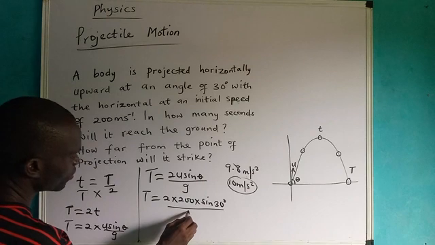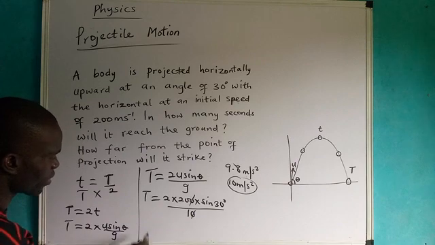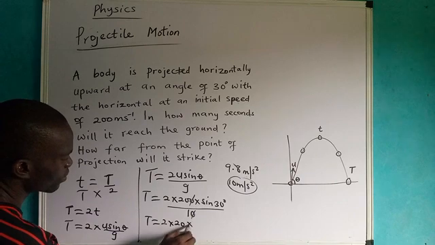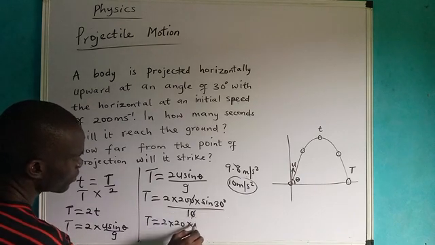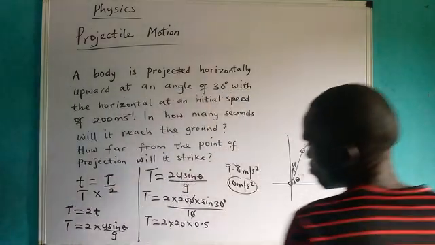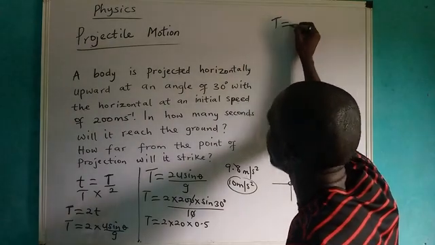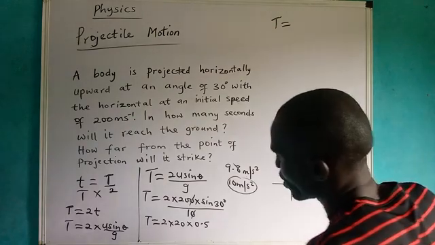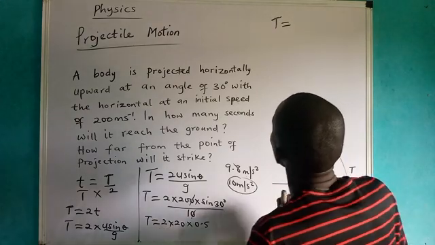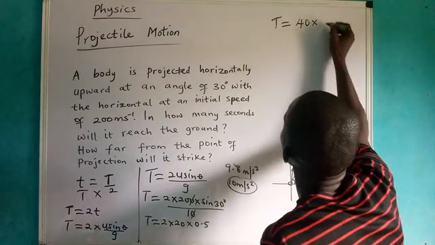For g, I will have it as 10. This 0 will cancel the 0 here. I will have 2 times 20 times the sine of 30, which is simply 0.5. Please take note of that. I can proceed and say that the time of flight becomes 2 times 20, which is 40, and 0.5 is the same as half.